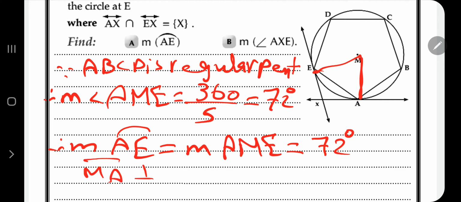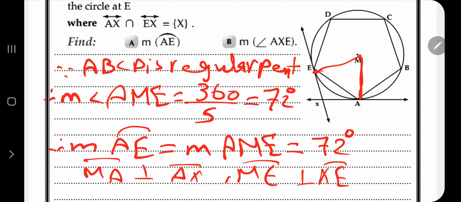MA is perpendicular to AX and ME is perpendicular to XE because MA and ME are two radii, AX and XE are tangent. Both of them are perpendicular.